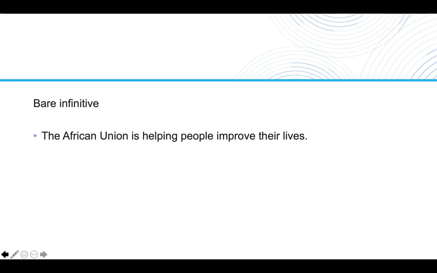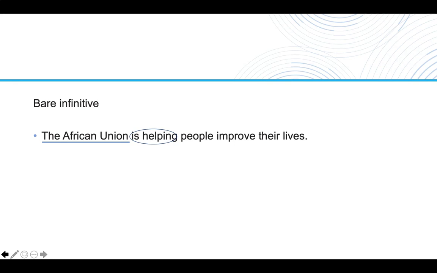The final type of infinitive is called a bare infinitive. Verbs like help, make, and let are followed by the simple form of a verb, not an infinitive. For example, in the sentence, the African Union is helping people improve their lives, the subject is the African Union, followed by the helping verb is helping.